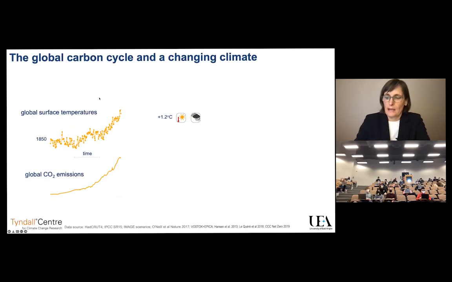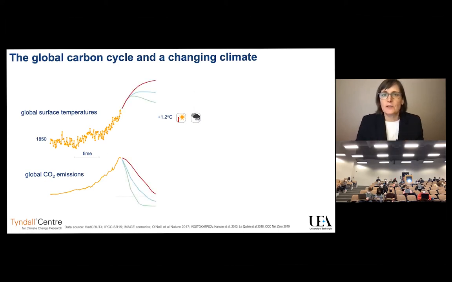As a background, I want to show you this figure, which is really a condensed version of the relationship between emissions of carbon dioxide, which is the anthropogenic greenhouse gas that is most responsible for climate change today, and temperature.